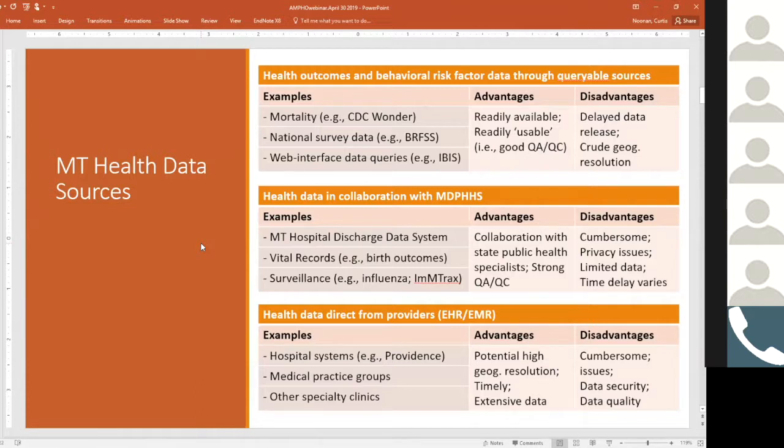In a moment, I'm going to share with you some examples of collaborations that we've developed with the state health department to work with these data and to explore some research questions that we have.